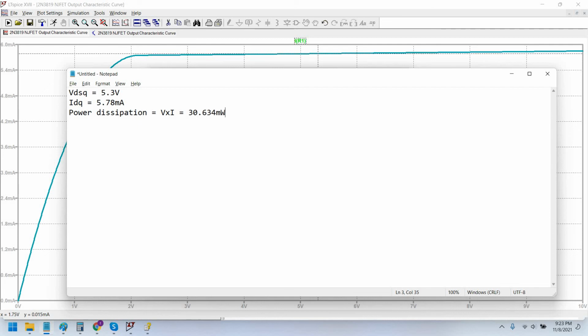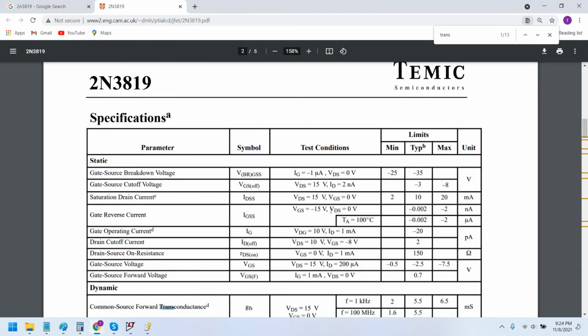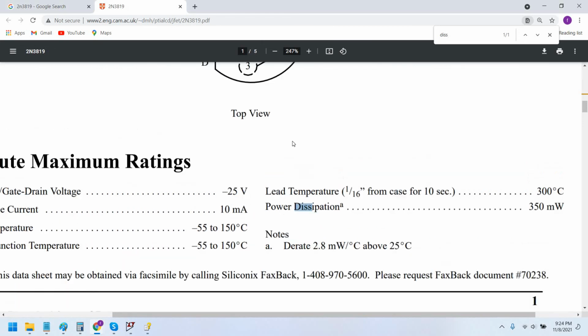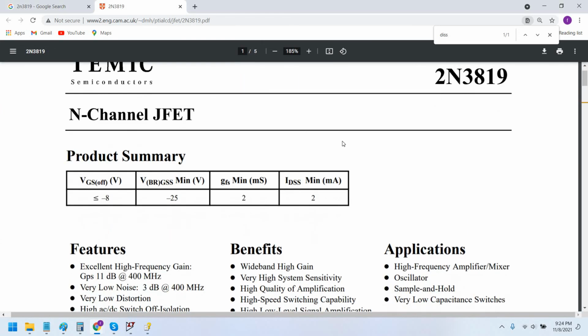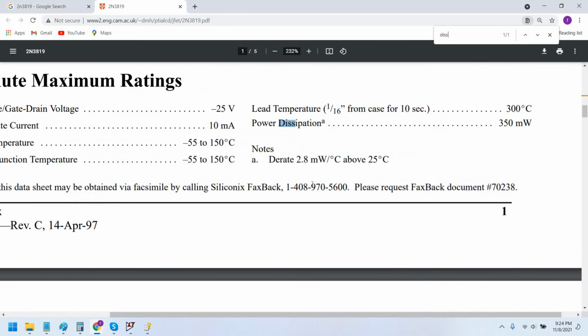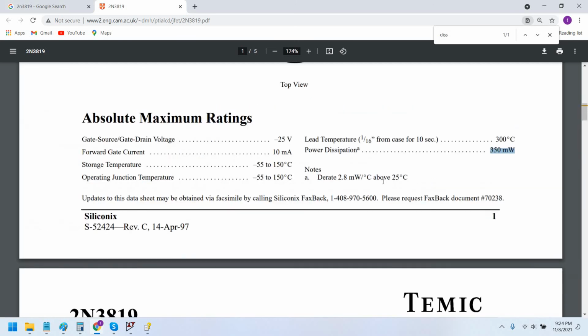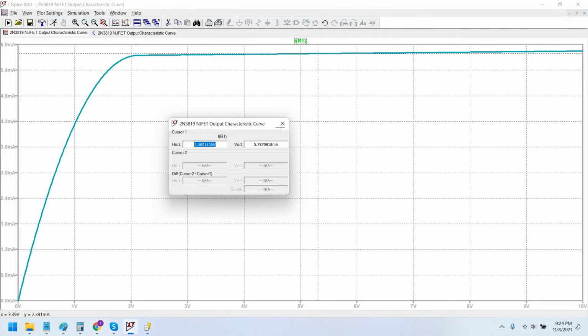Now let's see in the datasheet if this power is within the tolerance of the device itself. This is the datasheet I have already opened, 2N3819, and the power dissipation here, the absolute maximum rating, is 350 milliwatt. So this power dissipation is well below the maximum power dissipation allowed by this transistor. So we move forward.